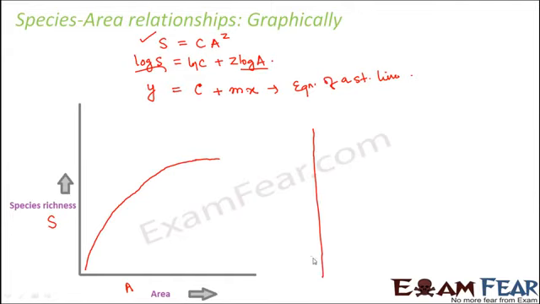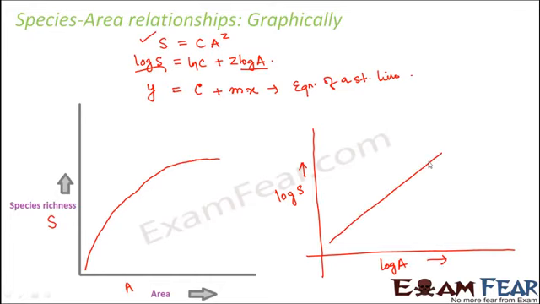So let us suppose we plot log S on the y-axis and log A on the x-axis. What kind of plot will we get? We will get a straight line.